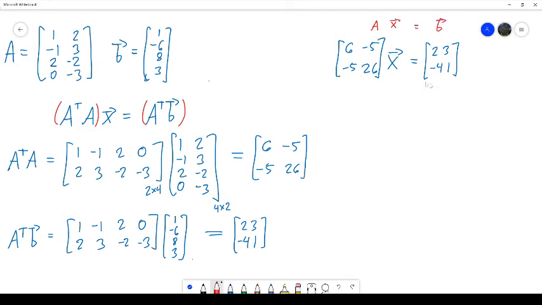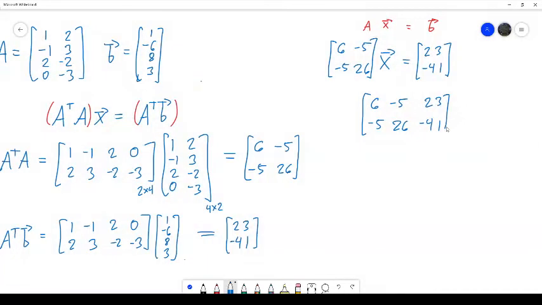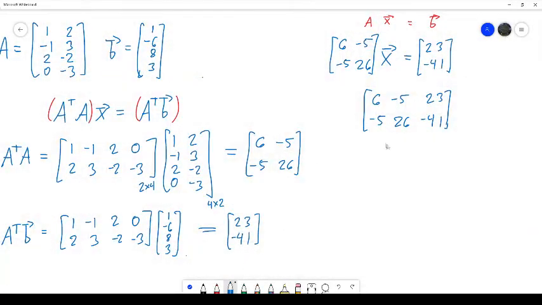It's just that the A and the B matrices that we're using in this system come from the normal equations, come from these products. So if we want to solve this system, we can solve it like any system. We have a couple different methods. We could put this together in an augmented matrix, which would probably be the standard way to do it. So make an augmented matrix out of everything, and then put this in row echelon form, and we get our solutions from there. That would be fine.